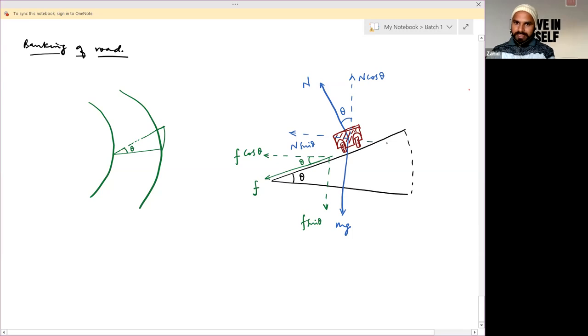At any instant it must be acted on by the necessary centrifugal force away from the circular path.